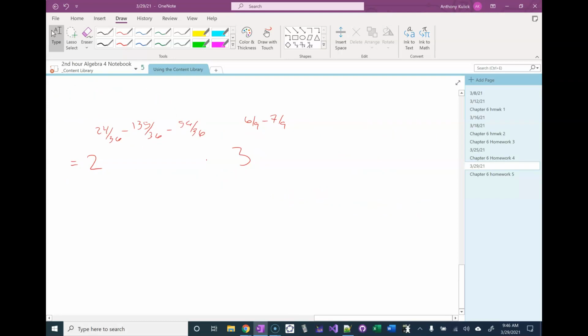So 24 minus 135 minus 56 is negative 167 over 36, and 3 to the negative 1/9.